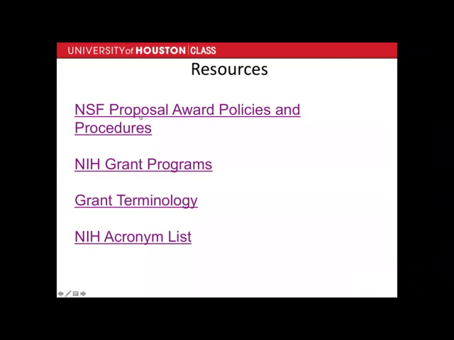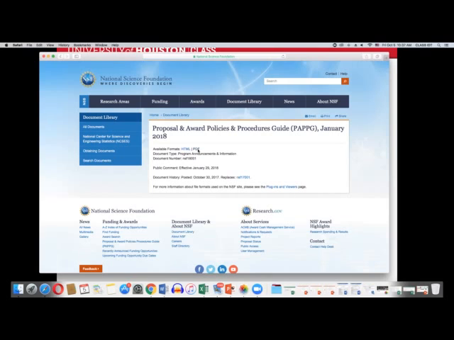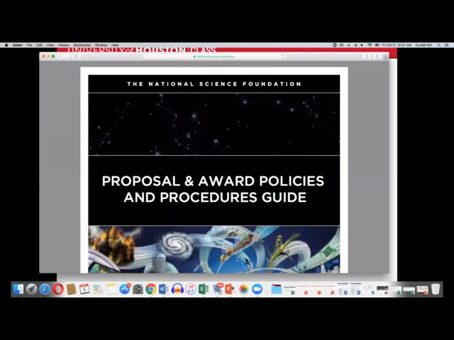This is the NSF Proposal and Award Policies and Procedures Guide, which is basically like the NSF Bible. You definitely want to become familiar with this. It is long, like 180 pages, but I highly recommend familiarizing yourself with this.